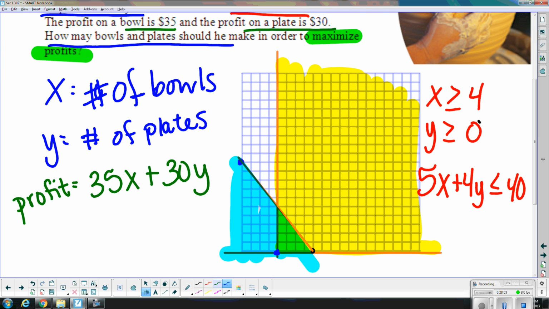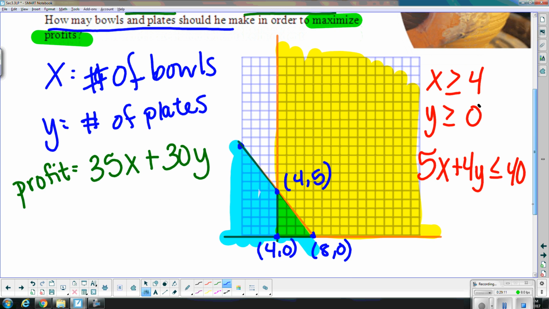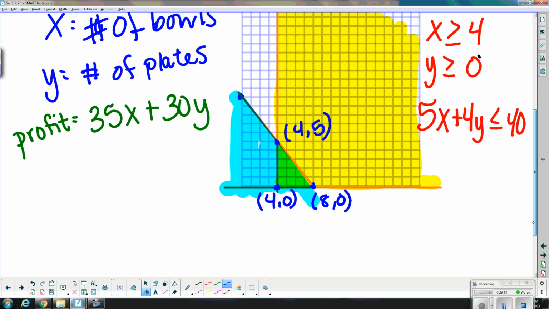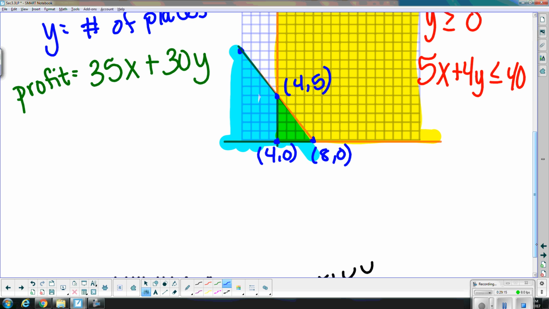So I've got this point, and this point. Now I'm going to actually identify those points as 4, 0, 8, 0, and 4, 5. Now I'm going to take these x and y values, and I'm going to plug them into my objective function.